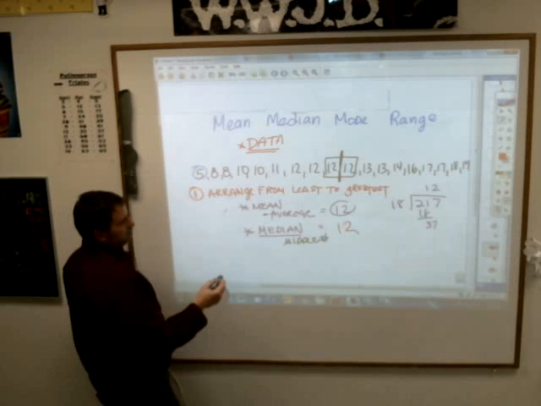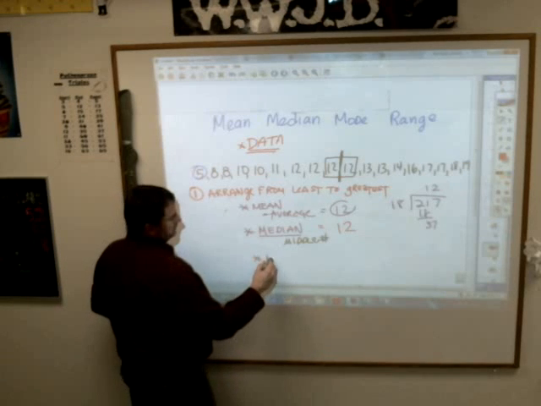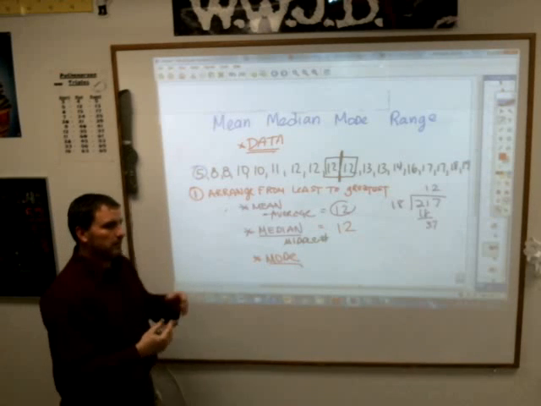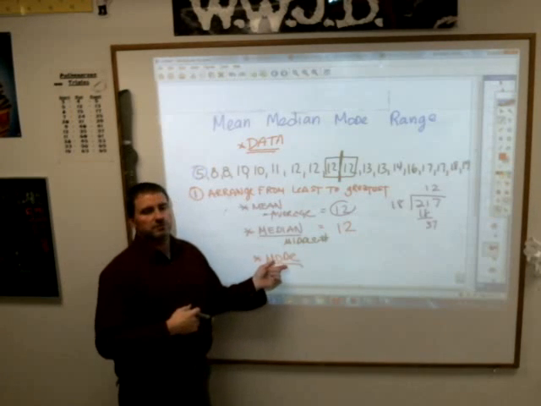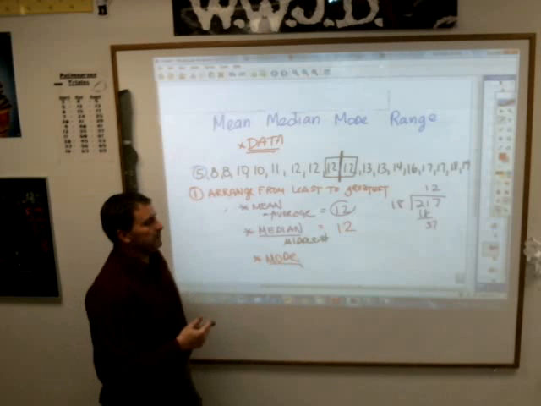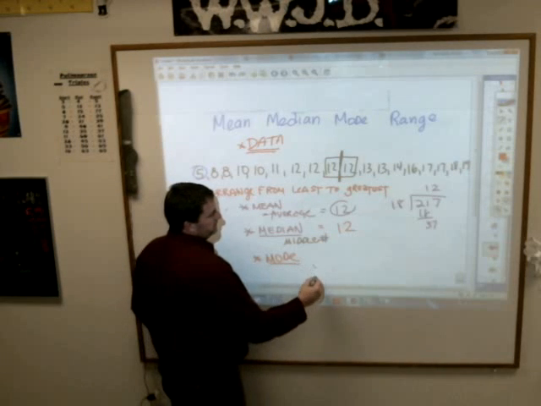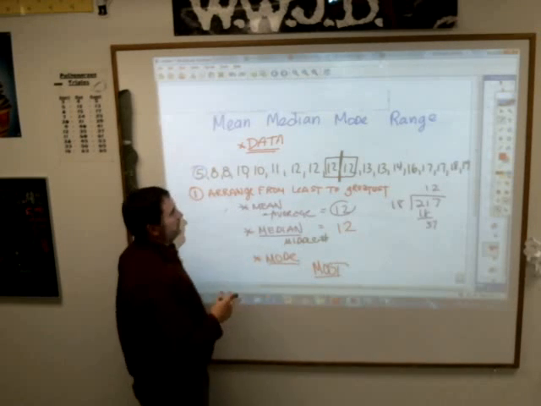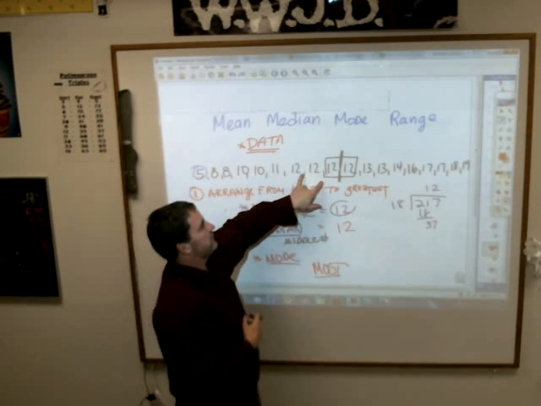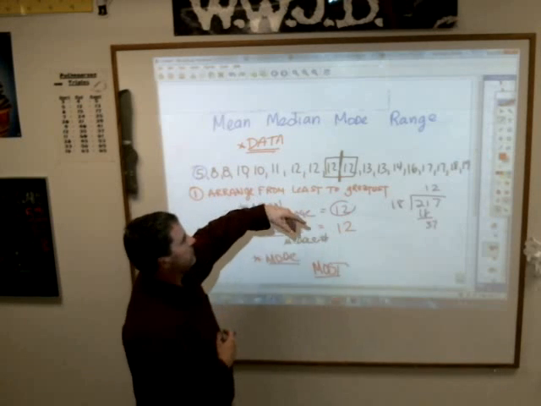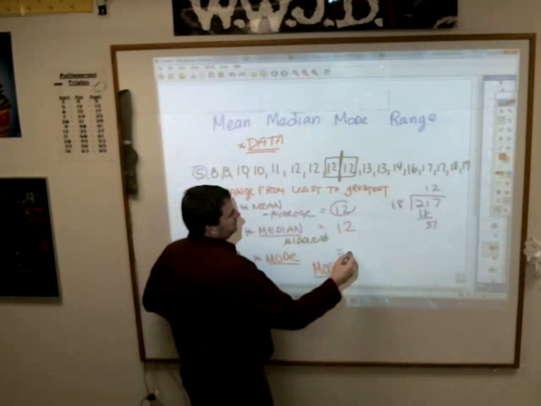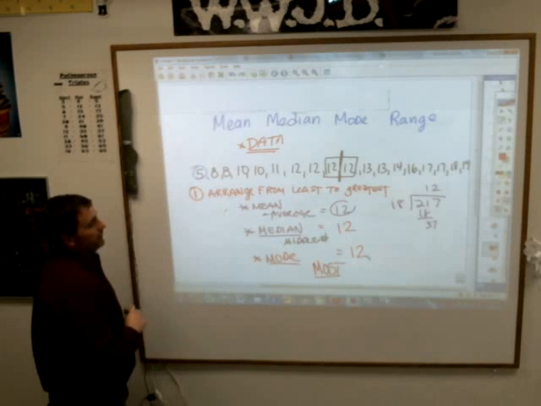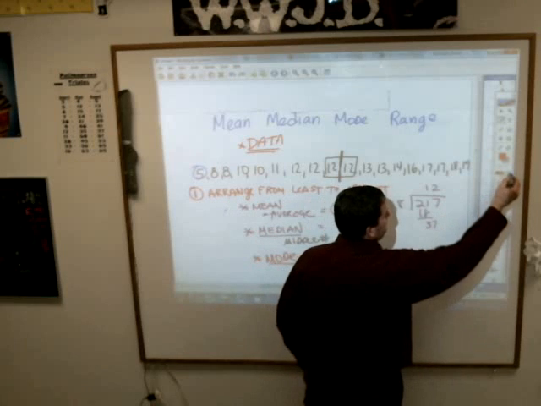The mode, boys and girls, the key, a little trick to remember, is that mode starts with the same first two letters as most. Mode is the number that appears the most. So here, we know that the 12 appears 4 times, 10 is 2, whatever, so the mode is also 12. And then the last one, the range.